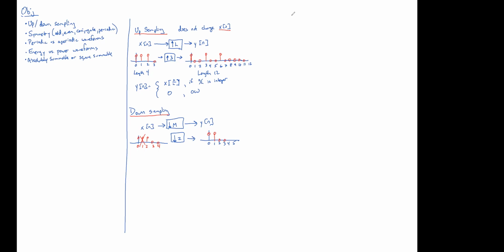So I actually gave it one too many here. Throws away that sample, throws away that sample. So it converted this length 5 signal to a length 3 signal.